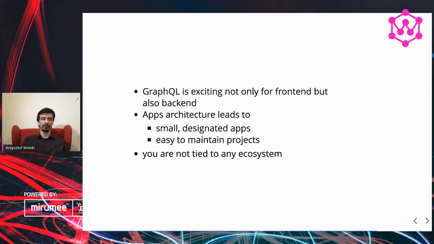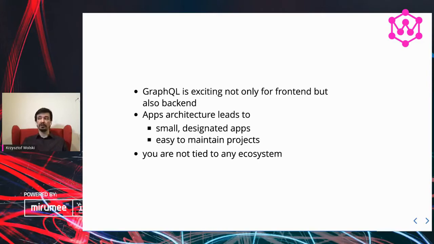So, takeaways from those apps I've already created. GraphQL works great, not only for the front-end side where you can query whatever you like, but also for communication between applications. And app architecture leads to small designated apps, which are really easy to maintain, really easy to port to another project.